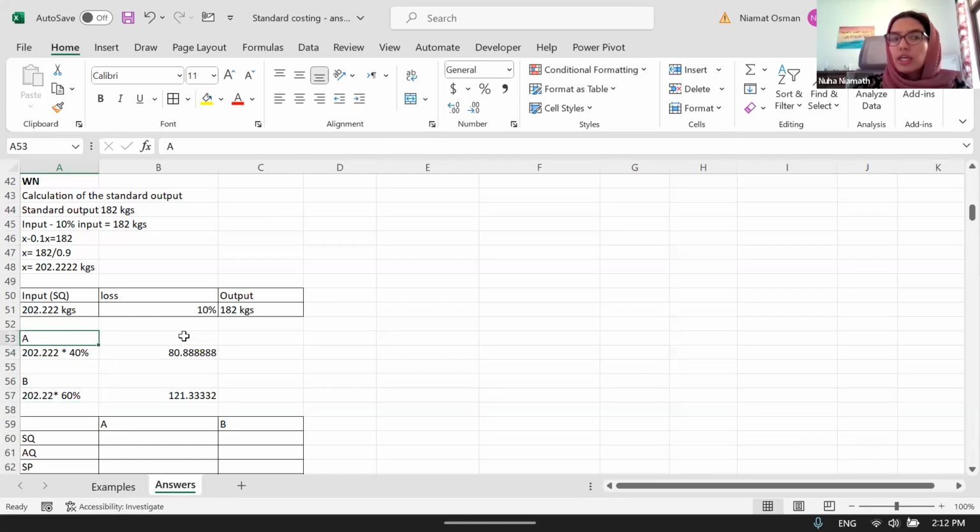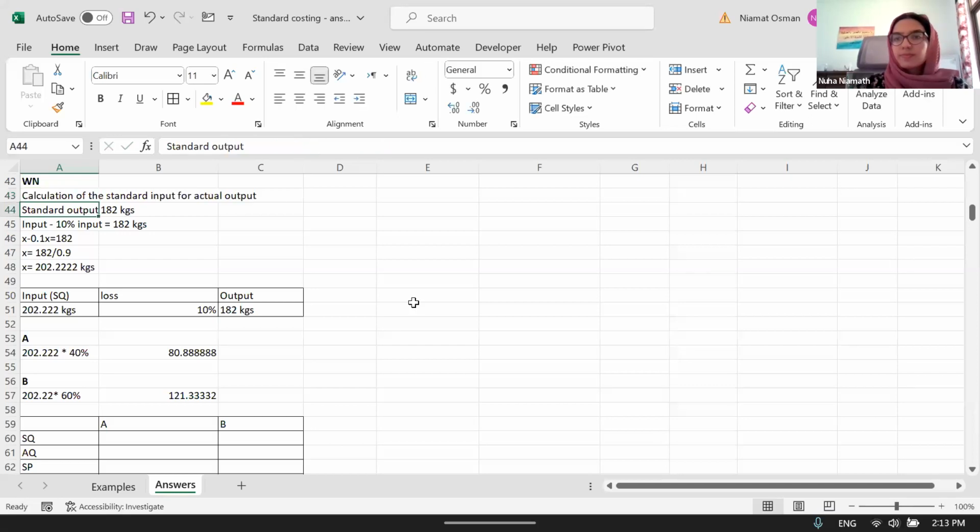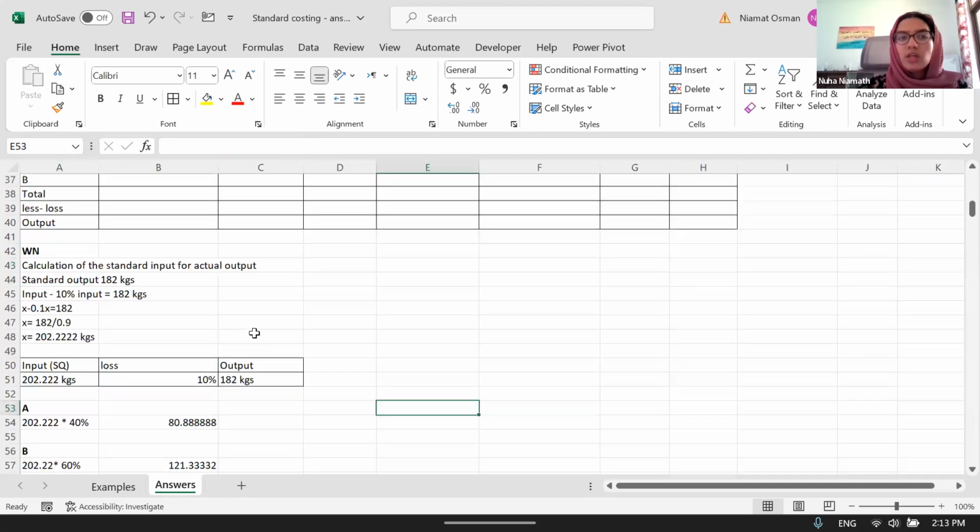How we got A and B? This is the input. Calculation of standard input for actual output. Clear? Okay. So this is giving us the components.